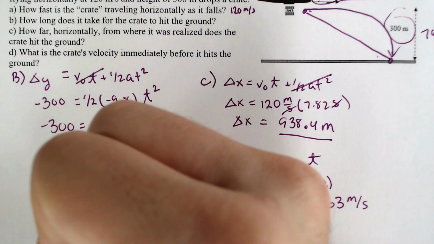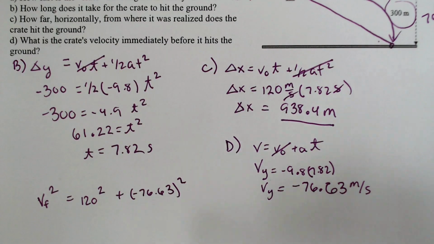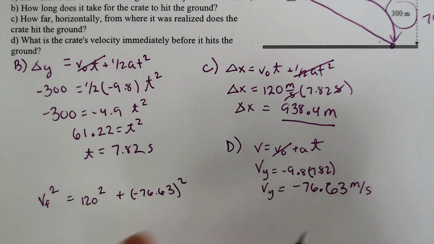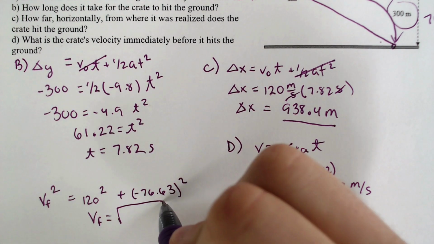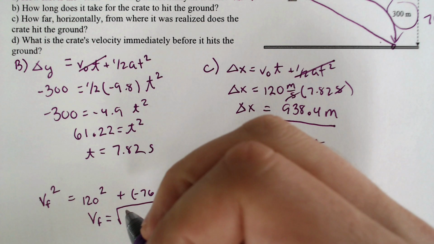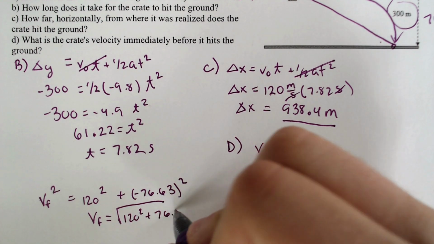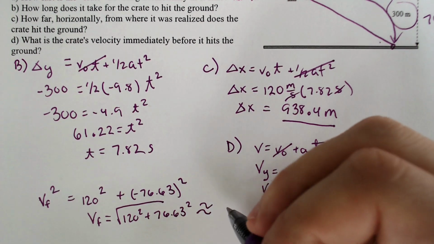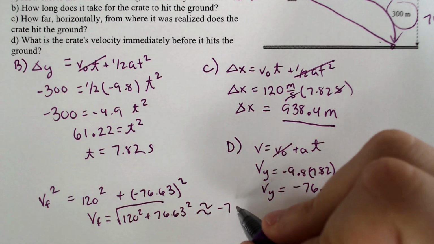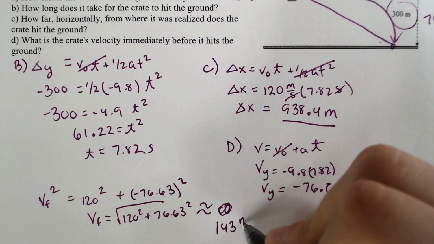And that would equal your final velocity squared. So 120 squared plus that squared, you would end up square rooting it. If you square root it, you would get 120 squared plus 76.63 squared. You would get approximately 143 meters per second.